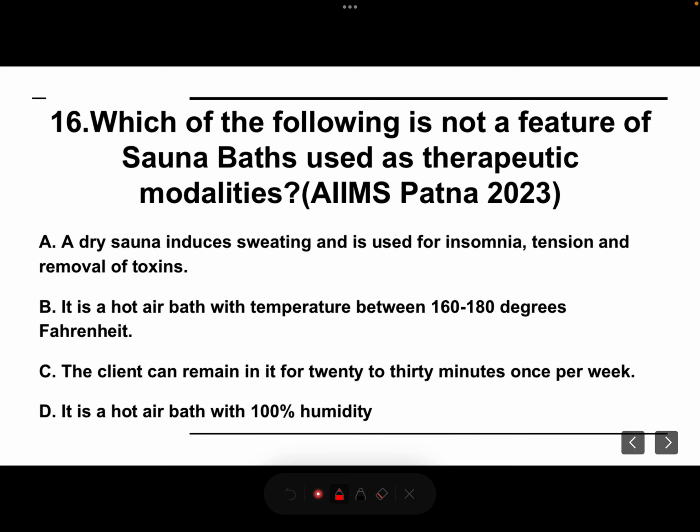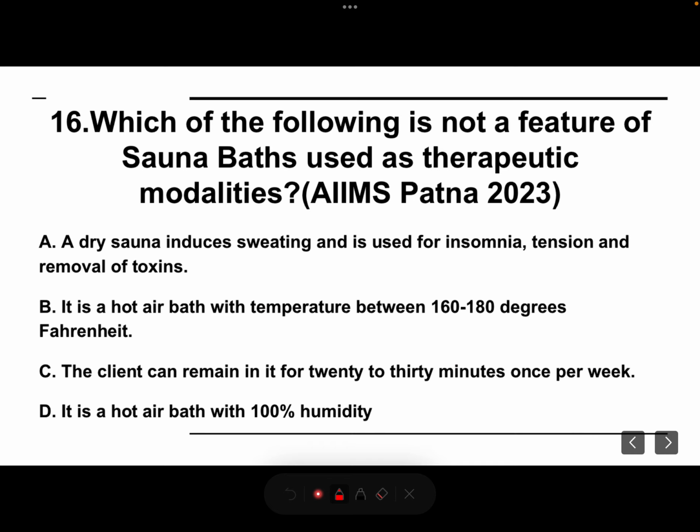Next, come to question number 16. Which of the following is not a feature of sauna baths used as therapeutic modalities? Option A, a dry sauna induces sweating and is used for insomnia, tension, and removal of toxins.